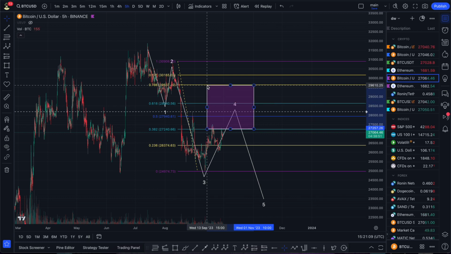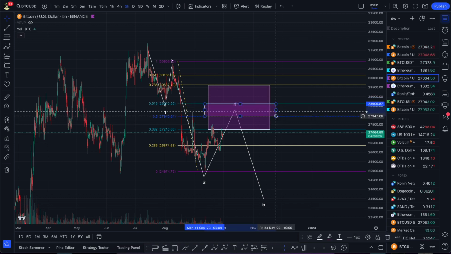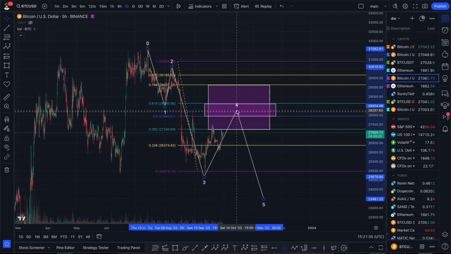So basically our zone of high attention, I would say, is from 27,000 to around 30,000, right? I mean, not 30,000, around 29,700. Okay, let's make it clear, right? From these levels is the zone of high attention. And most likely, let me mark it once again, where we are expecting the price is 0.5, 0.6. This is where we are expecting our price to come.